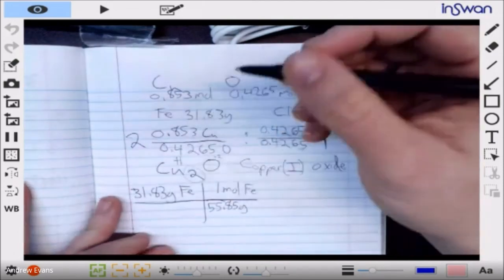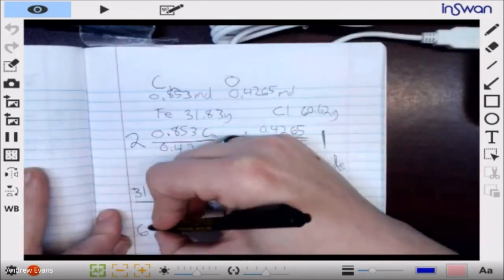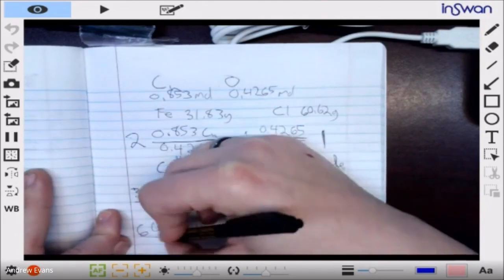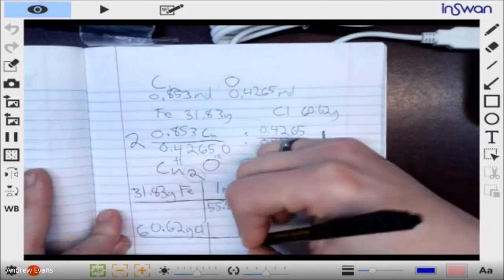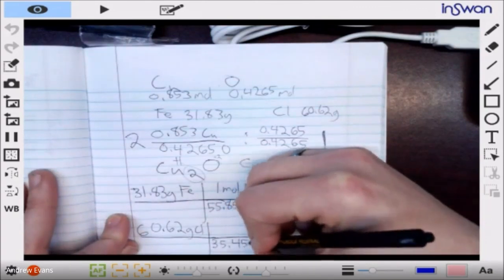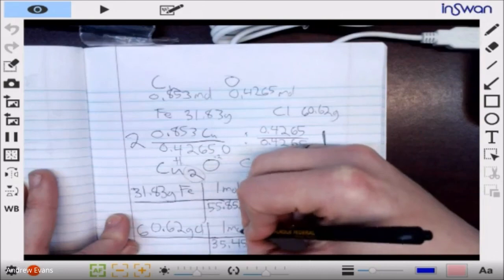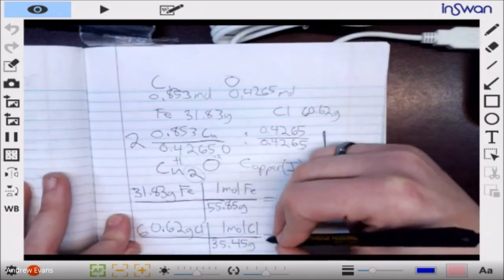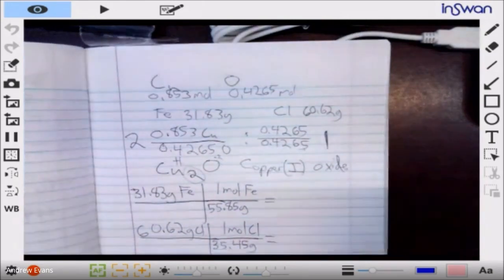And I'll have to do the same thing with chlorine. 60.62 grams of chlorine. The molar mass of chlorine is 35.45 grams per 1 mole of chlorine. Once again, chlorine is one of those elements I know by heart.